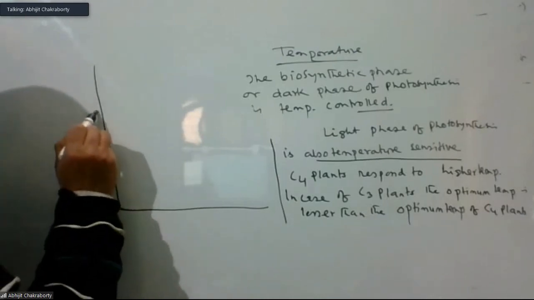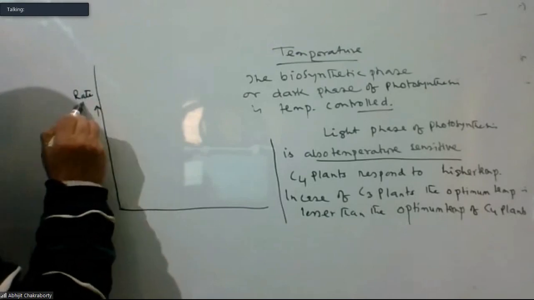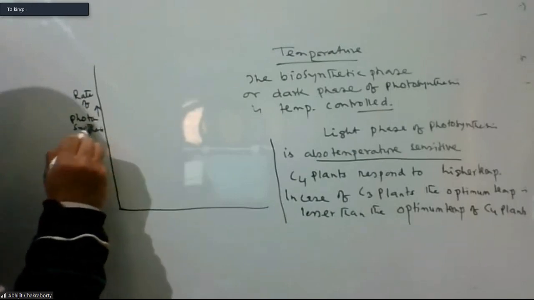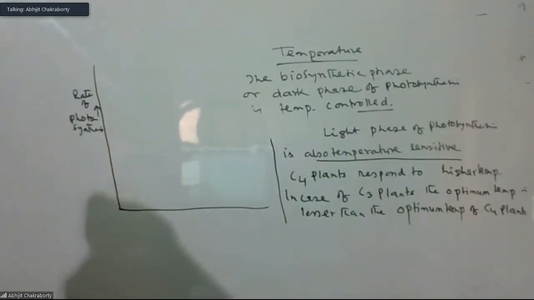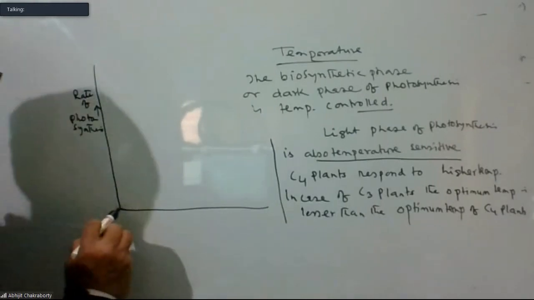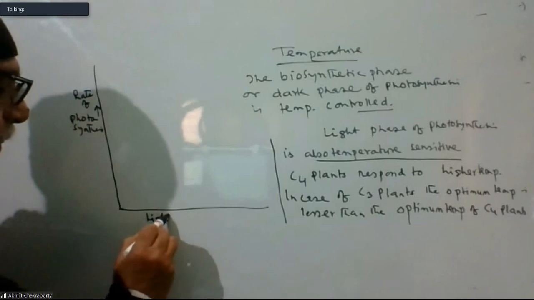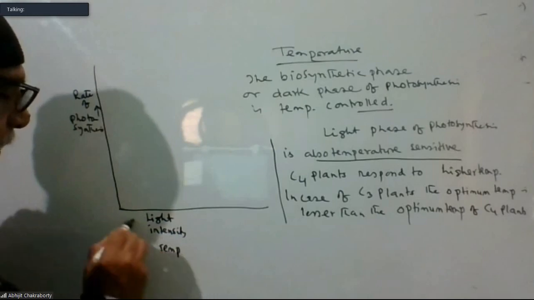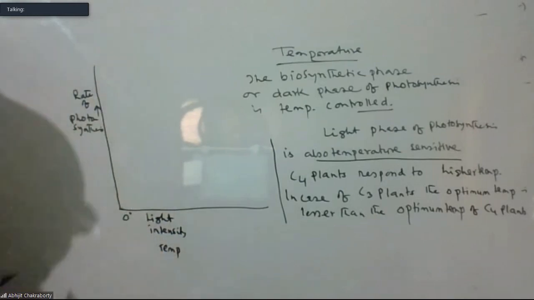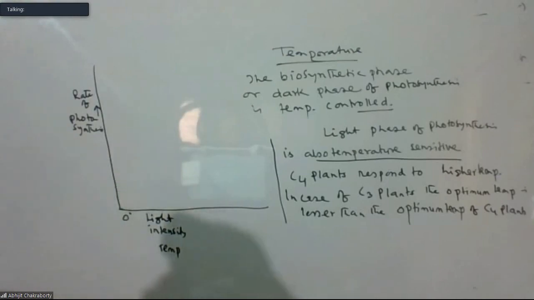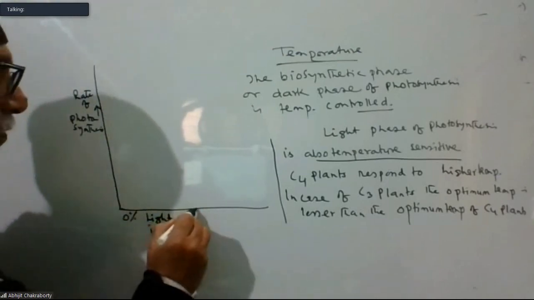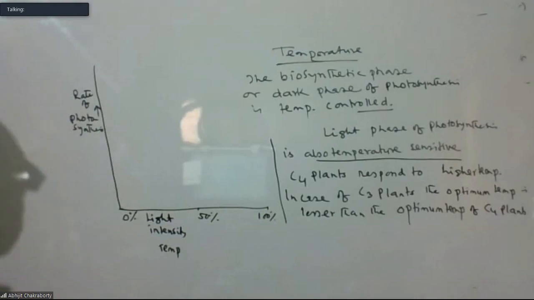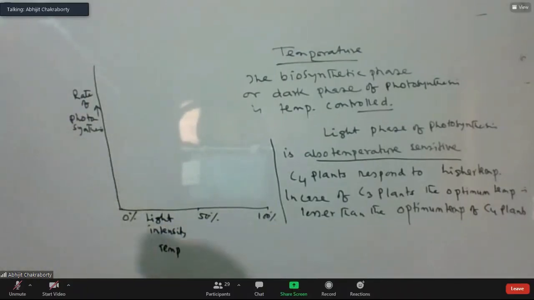Here, rate of photosynthesis. Here we show the light intensity and temperature: 0%, 50%, 100% temperature.